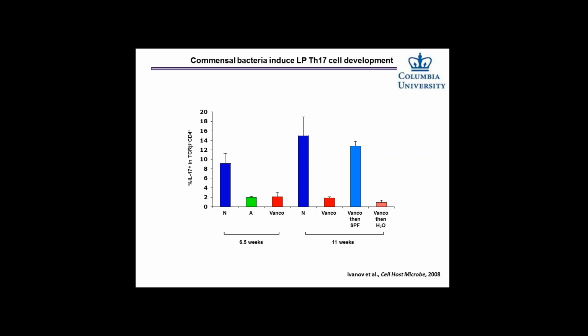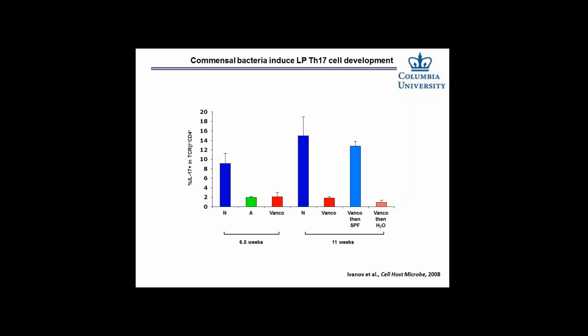One of them is just kept on regular water without antibiotics, and as you can see here, these mice do not recover Th17 cells, and another group is placed in a cage with a couple of mice that have not been treated with antibiotics, which allows for the horizontal transfer of bacteria, or we can do that by doing a fecal transplant by gavaging the mice with feces from other mice that have not been treated with antibiotic.